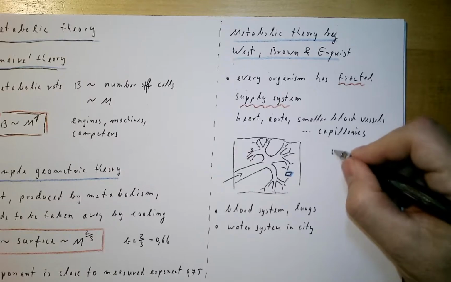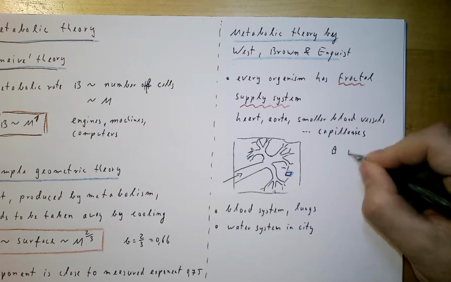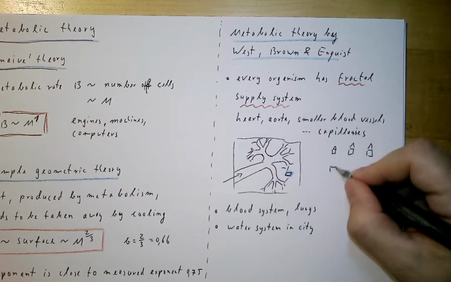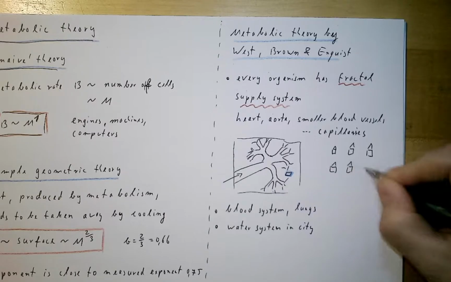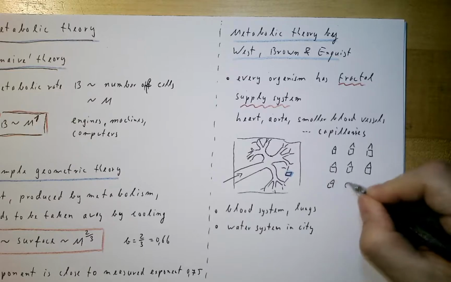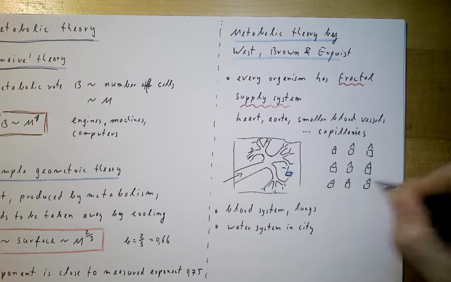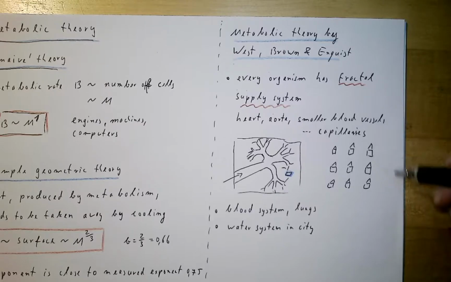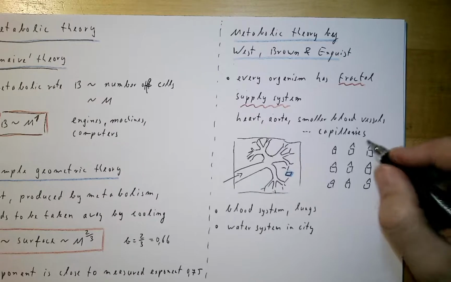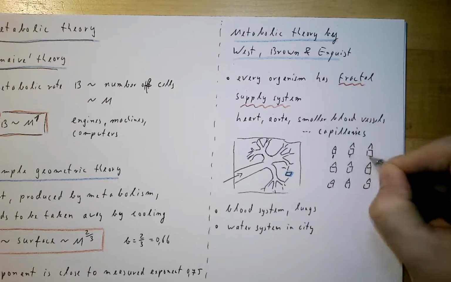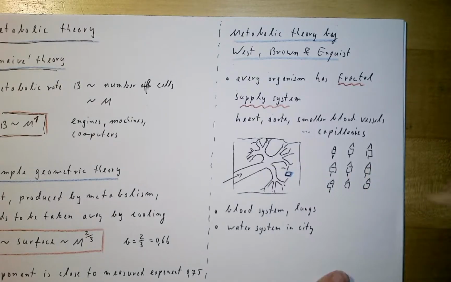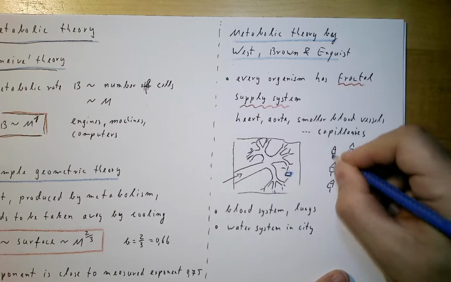Let's say you have your city and you have many small houses. And in every house you have your water pipes. You can open your water. So every house needs to be connected to the water network. Maybe I do this in blue, the water flow network.